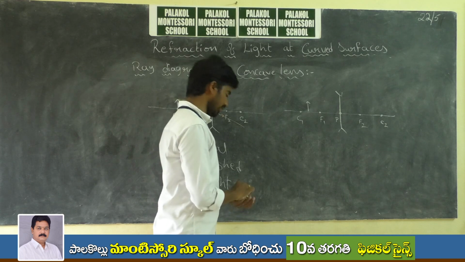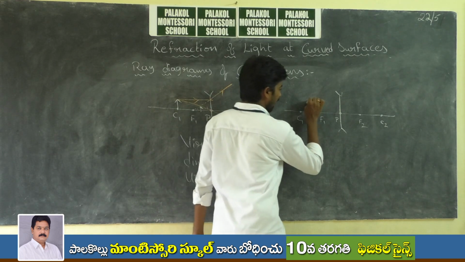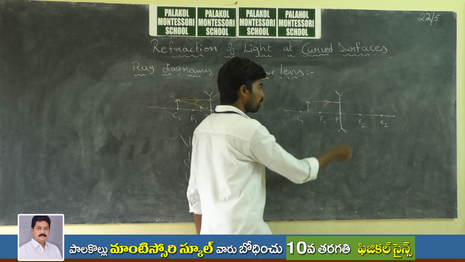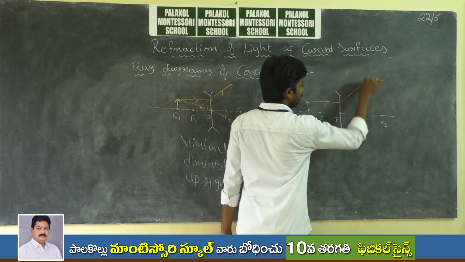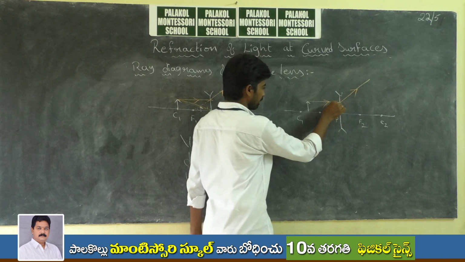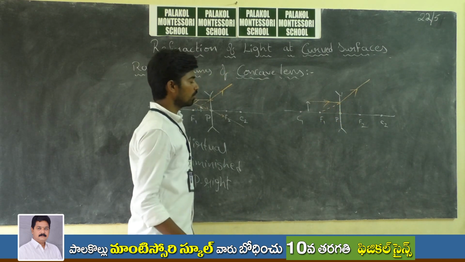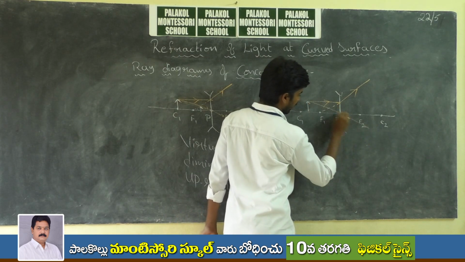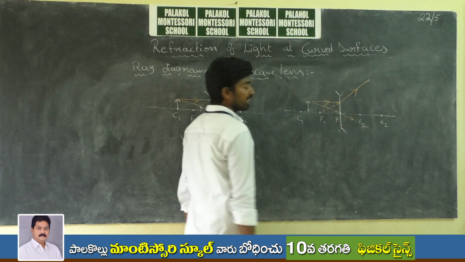and center of curvature. So now draw a light ray parallel to the principal axis. The refracted light ray by the concave lens will move away from the principal axis and appears to be coming from the focus point. So consider another light ray passing through the pole, and it follows an undeviated path.